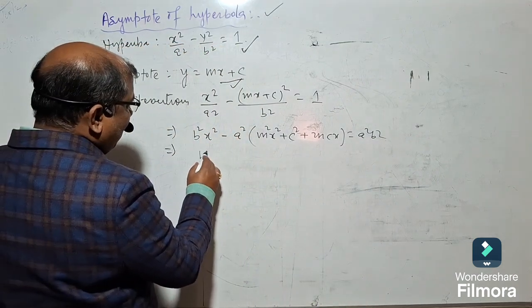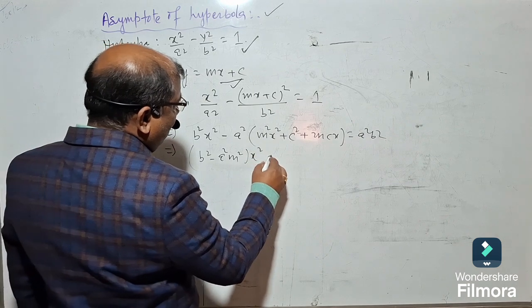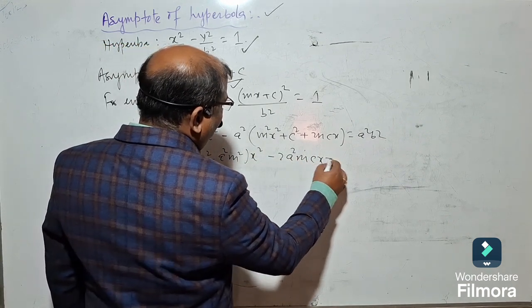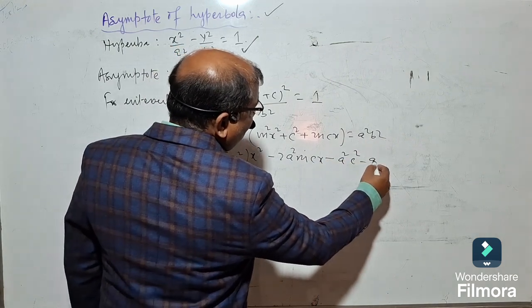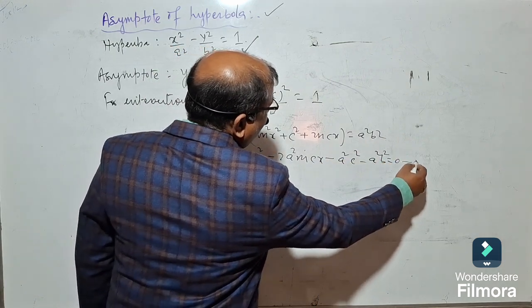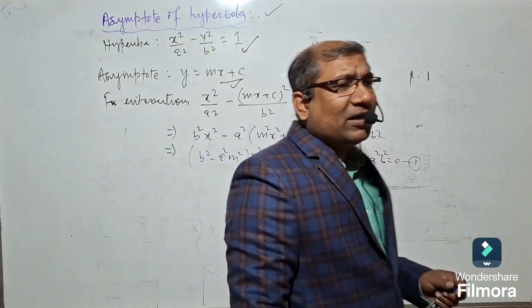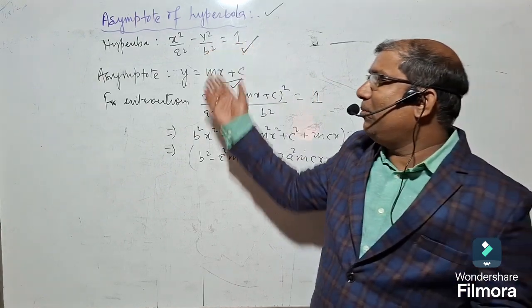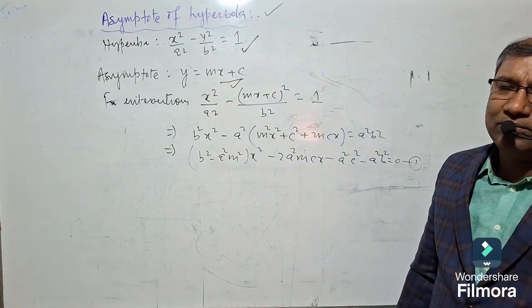Arranging all the terms we get (b square minus a square m square) x square minus 2a square mcx minus a square c square minus a square b square equal to 0. So this is the intersection equation of the hyperbola and the line y is equal to mx plus c.